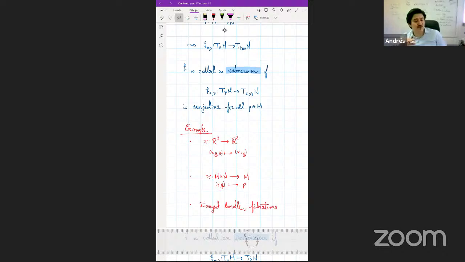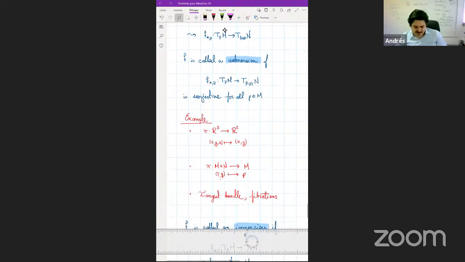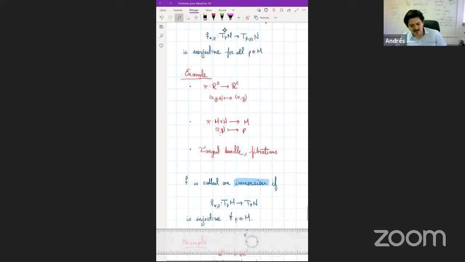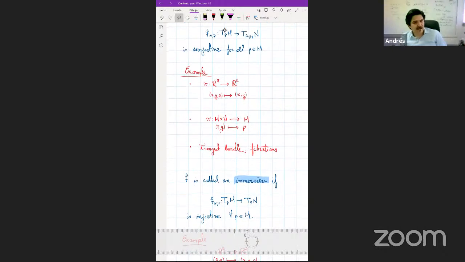We haven't seen those, but maybe today we will start looking at the tangent bundle, if not tomorrow. But the tangent bundle is an example of a submersion. On the other side, we have the concept of an immersion. An immersion is a smooth map such that the differential is always injective. Okay?